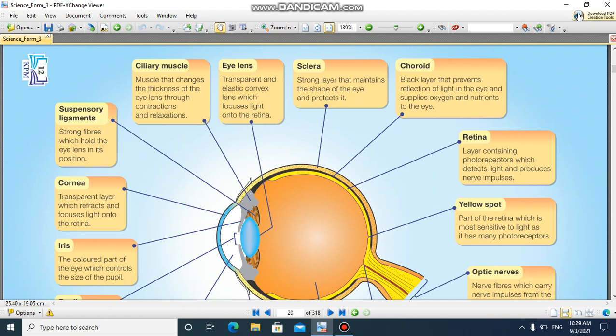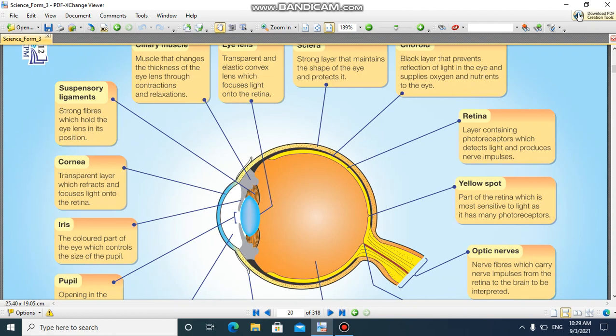Okay, this is the cornea, the transparent layer which refracts and focuses light onto the retina. Then this is the iris, the colored part of the eye which controls the size of the pupil.